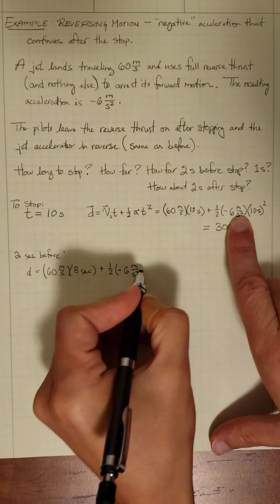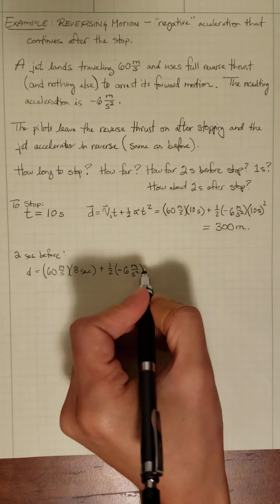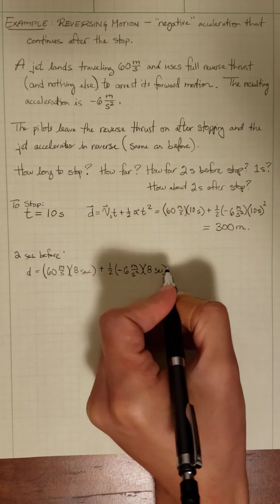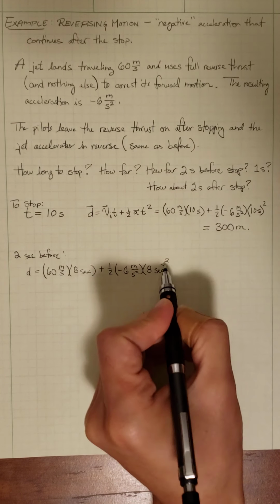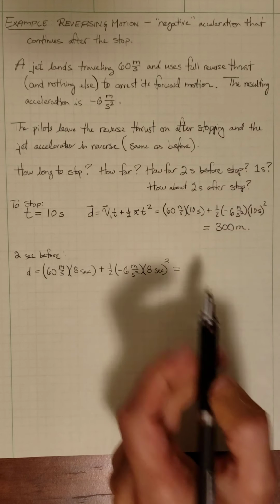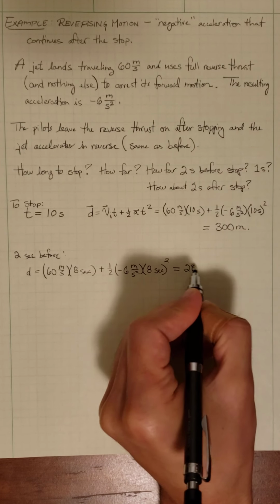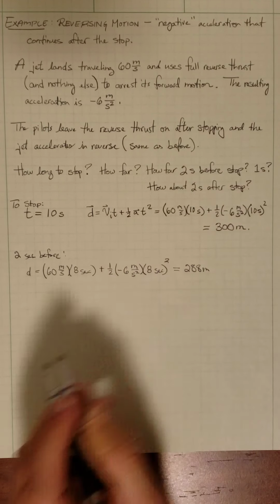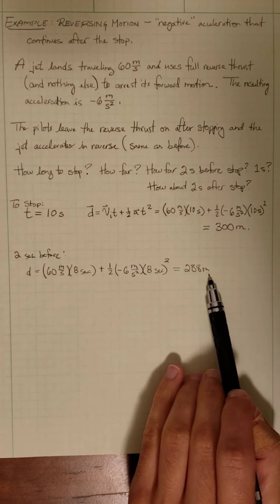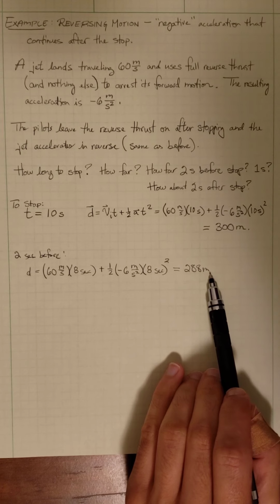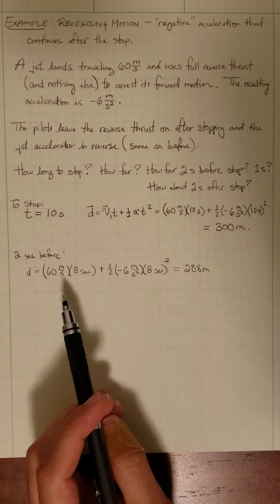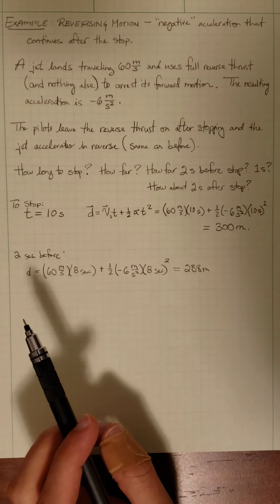We're talking about the same acceleration, the same event after all. 8 seconds goes here, squared. And that comes to 288 meters. We can do a sanity check that this is less. Certainly we expect that. We expect to have gone not as far down the runway in 8 seconds as 10 seconds, so good.